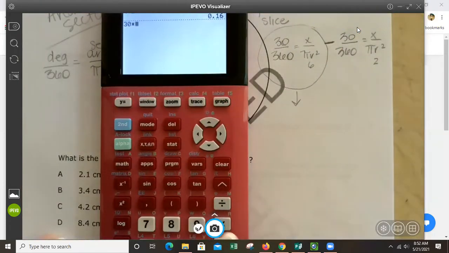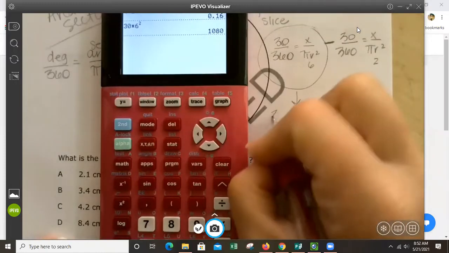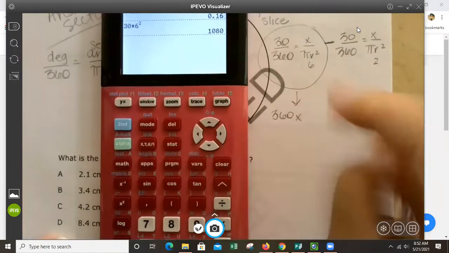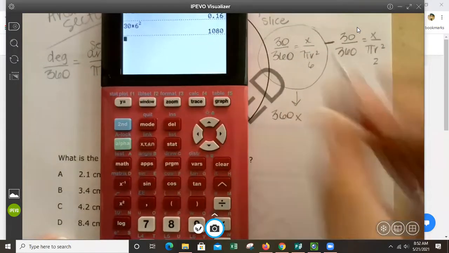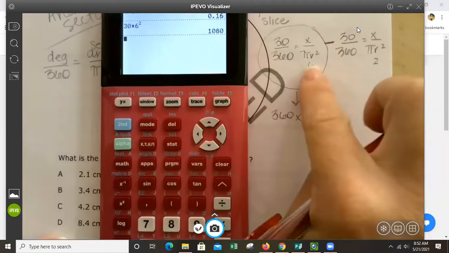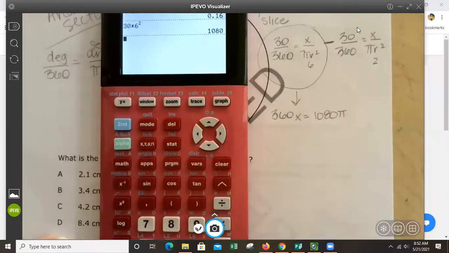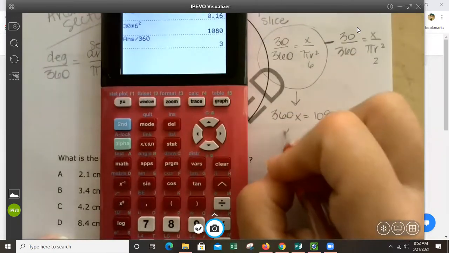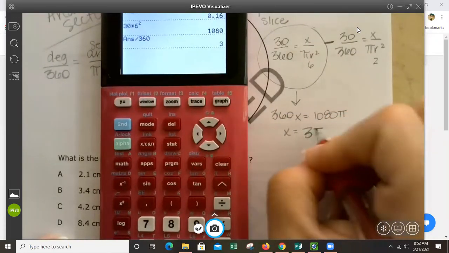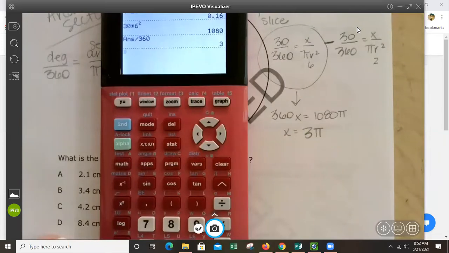So 30 times 6 squared. When we cross multiply, 360 times x is 360x. 30 times 6 squared is 1080 pi. And then we divide by 360, which gives us 3 pi. I'm going to leave it just like that because it's easier for me to look at. I don't need to worry about decimals.